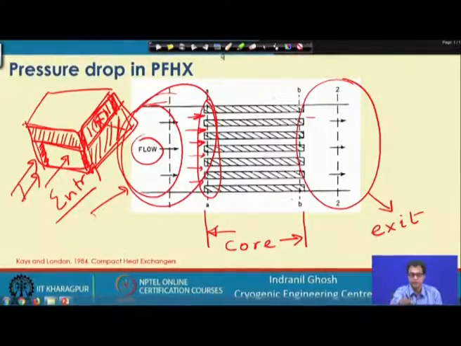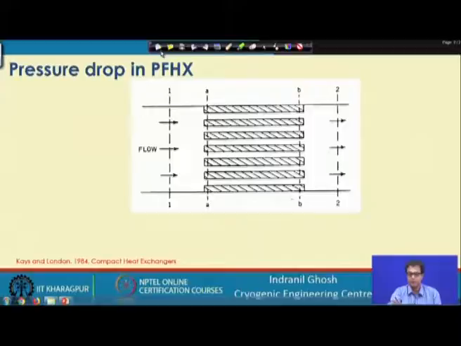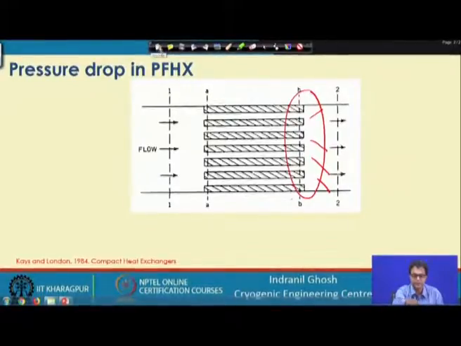On the other hand, at the exit end, we will find that the flow is suddenly expanded. As a result, we have three components in this pressure drop.